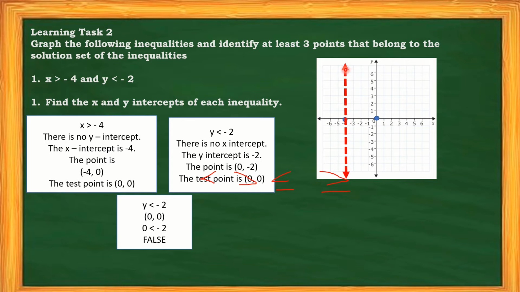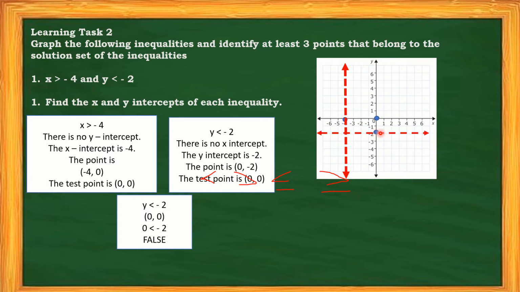So, x is greater than negative 4, and of course we will shade here. Okay, let us do it later. Next, y is less than negative 2. The point is 0, negative 2. It is here, 0, negative 2.